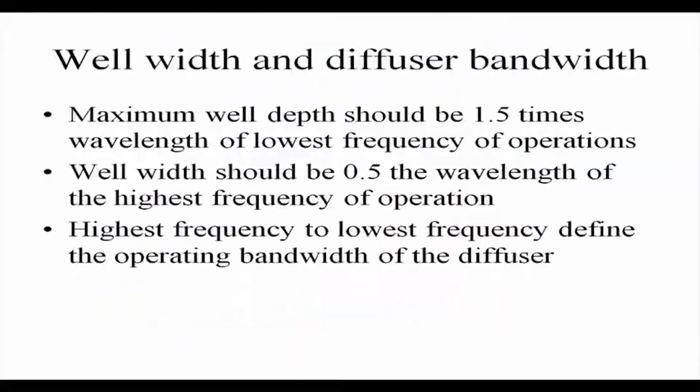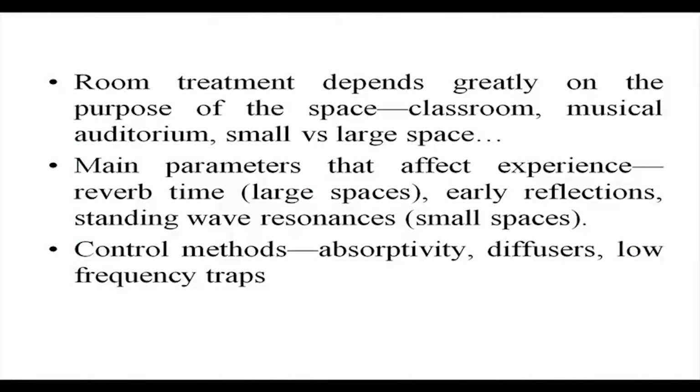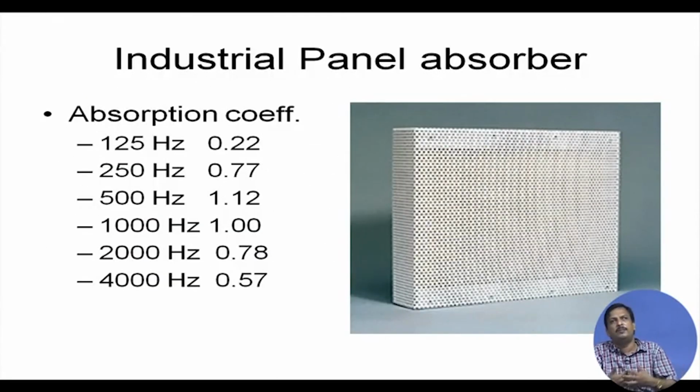Okay. Now, there is another thing, room treatment. Room treatment means how you design the auditorium, and it depends on the purpose of the auditorium. If the auditorium is designed for classical music, or for a performance of classical music or an orchestra, then the design treatment will be different.